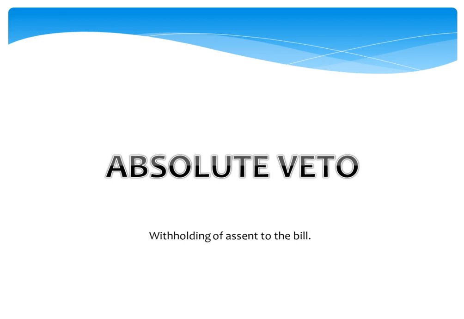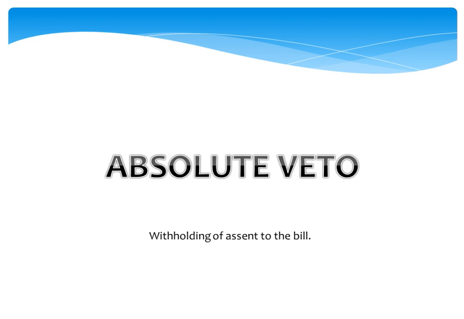The BJP government said to the president that we don't need this bill, please withhold assent, like reject the bill. So the president will reject the bill. So it is called the absolute power. Rejecting a bill or withholding the assent of the bill is called absolute veto.